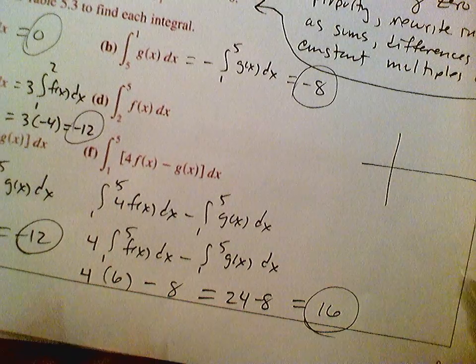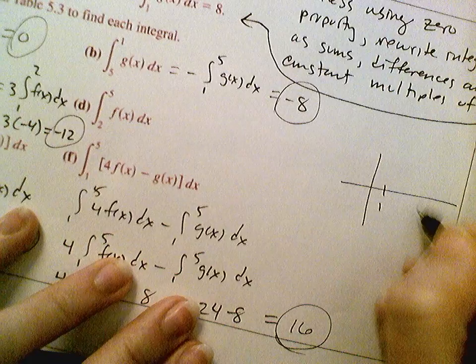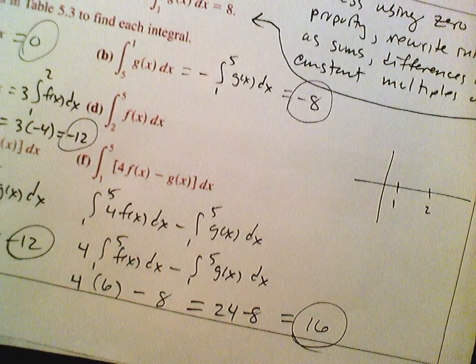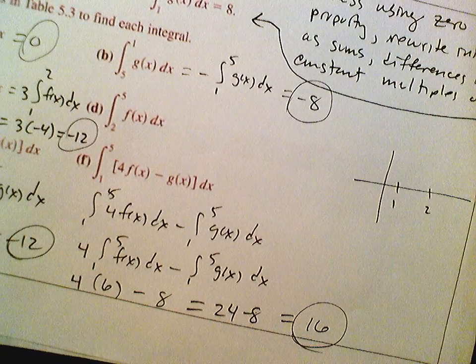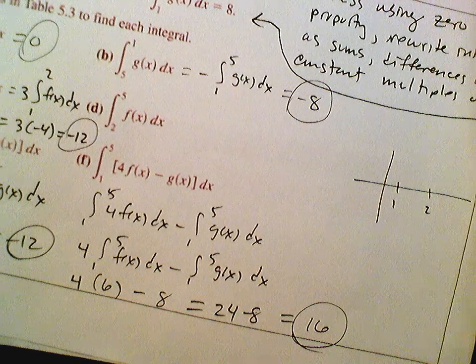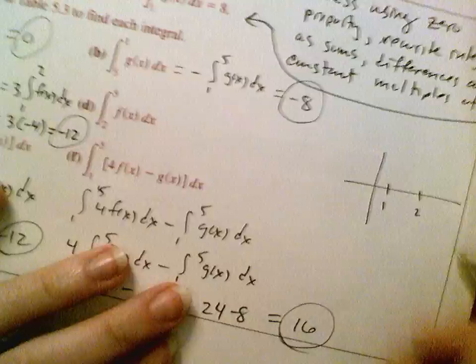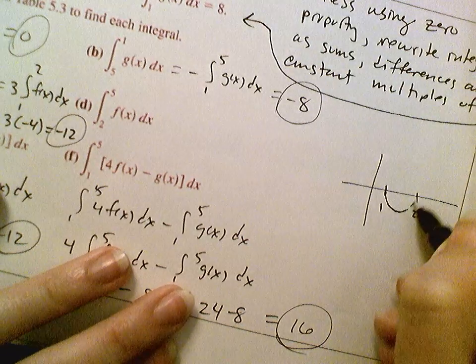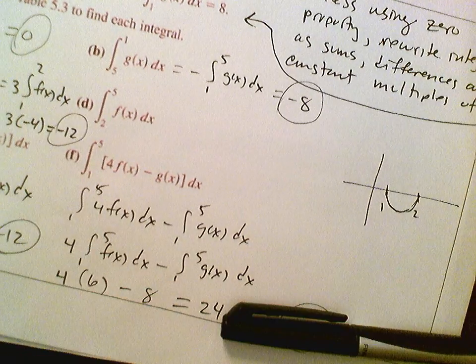I know from 1 to 2 that the area under f of x is -4. So a negative area would mean that the function has to be below the x-axis, or at least most of it is below the x-axis. So let's just assume that it looks something like that.